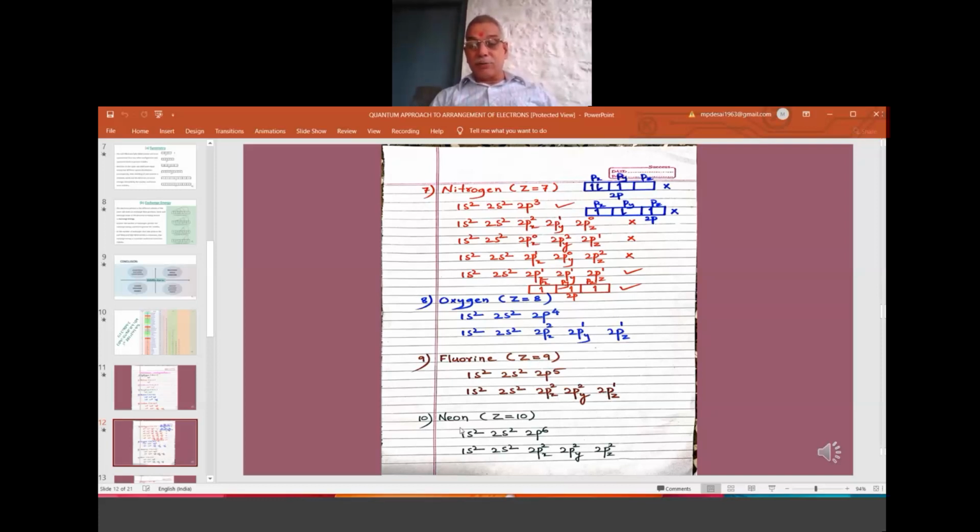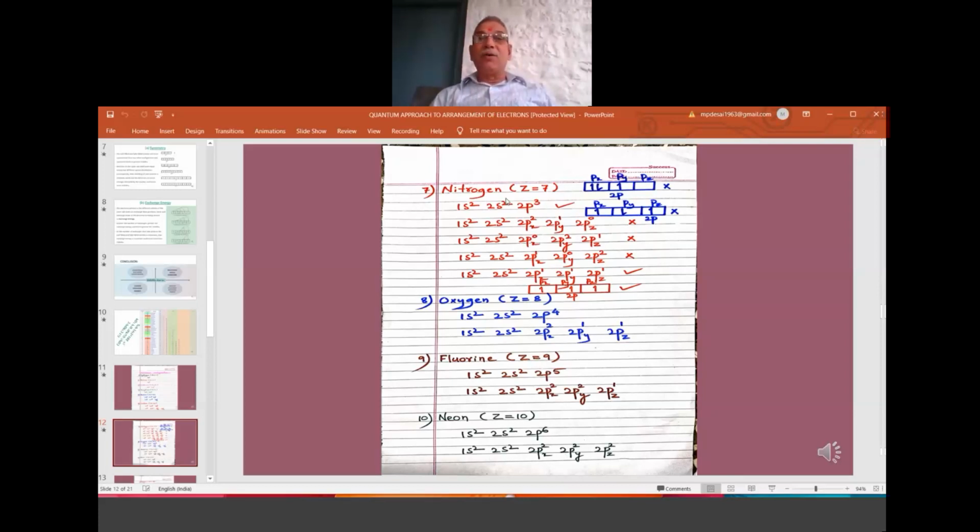Now neon: 1s2, 2s2, 2p6. So all the three suborbitals of 2p are now full: 2px2, 2py2, 2pz2. All the orbitals are fully filled, so it is most stable according to fully filled. Nitrogen is also stable according to half filled.